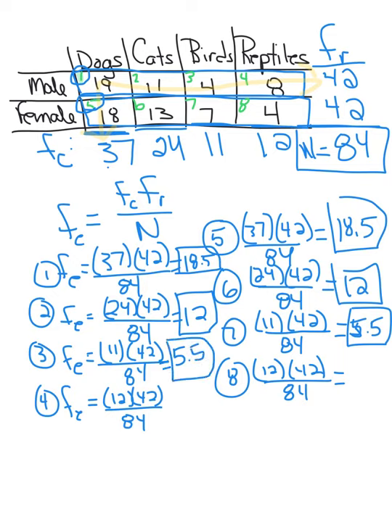And then the last two is 12 times 42 divided by 84 is 6. So that means this one is 6 too. So now we have our expected frequencies. So we can literally calculate our chi-square equation now.